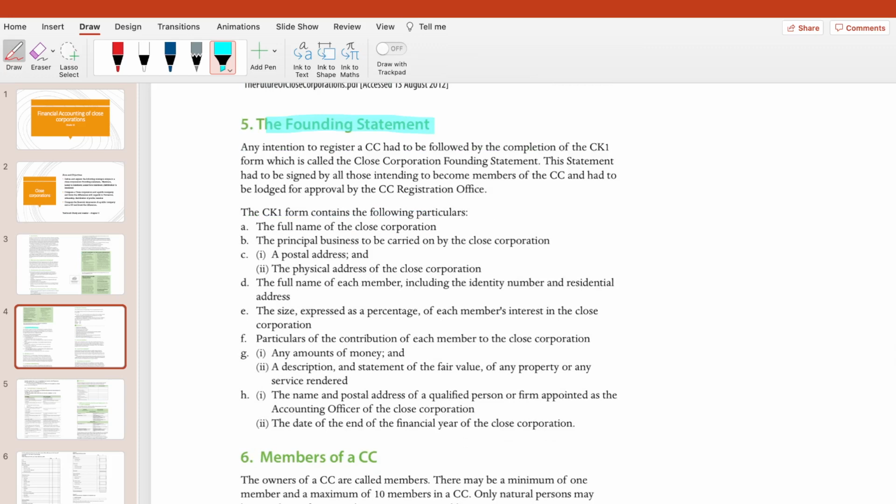It will have the full name of the closed corporation, and the principal business to be carried on by the closed corporation. So they will say what type of business the closed corporation intends to do.